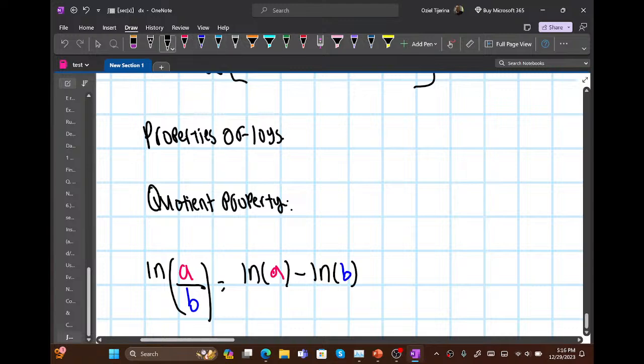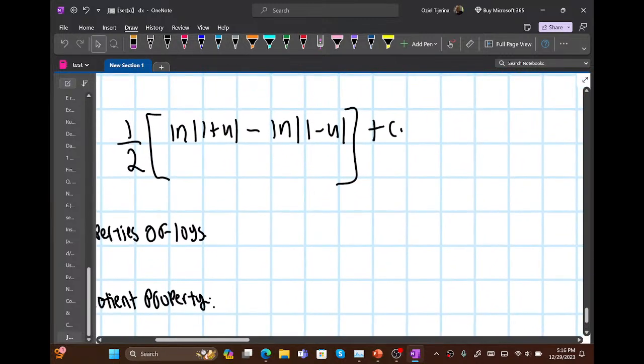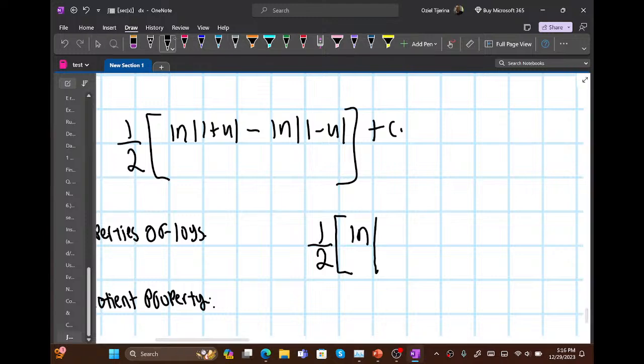Okay? So then, in other words, this is going to be 1/2 times the quantity, the natural log of the absolute value of 1 plus u over 1 minus u. All of this in absolute value.